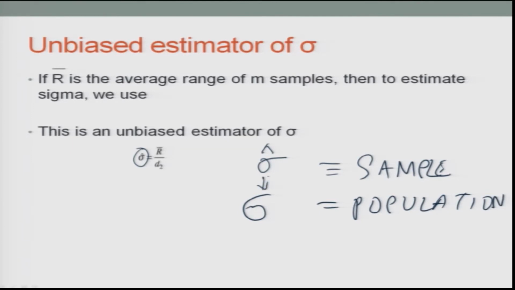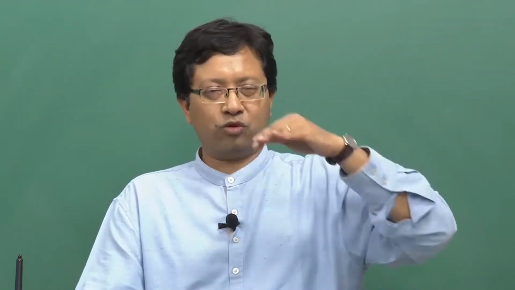The unbiased estimate of sigma is given by the average range R bar divided by D2. D2 depends on the sample size, so depending on the sample size, you can find D2 and use that to find sigma hat. That will give you the best estimate for the population parameter sigma.